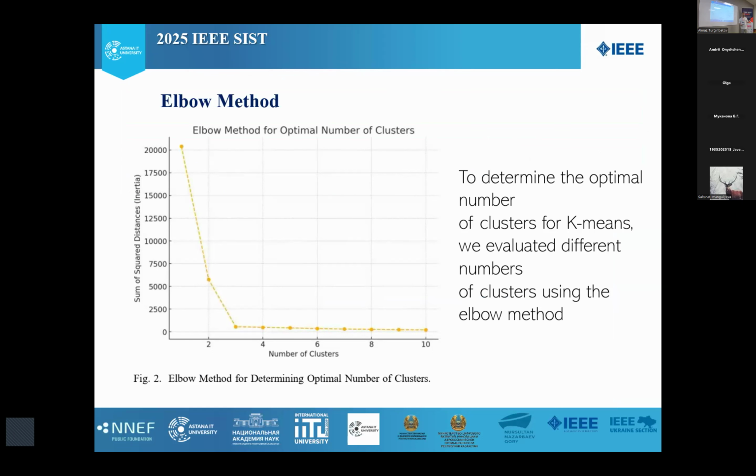We tested a lot of algorithms, but in the end we found K-means is better. First, how to determine the optimal number of clusters for K-means. We have the elbow method that gives us the optimal clustering. Here is the value.